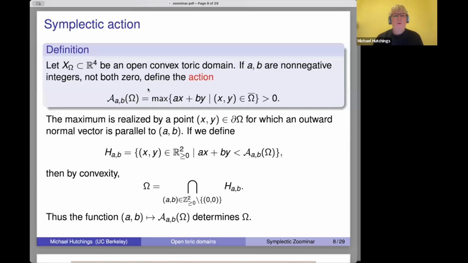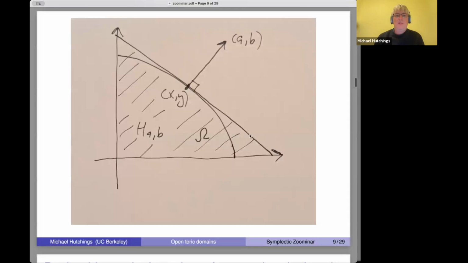Now, a remark which we'll need later is this line here, which I drew perpendicular to (a,b). It determines a half space, H_ab. So I'm going to let H_ab denote the half space to the lower left of this line, at least the part in the upper quadrant. And because Omega is convex, it's the intersection of all of these half spaces. And you can show that you don't need all of the half spaces where this vector is a real vector.